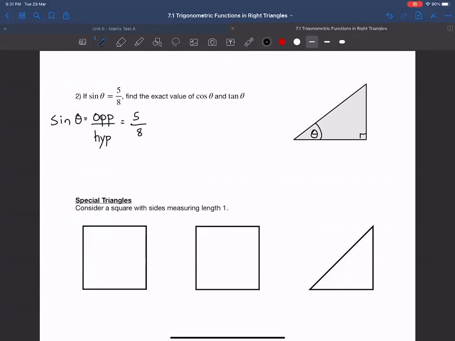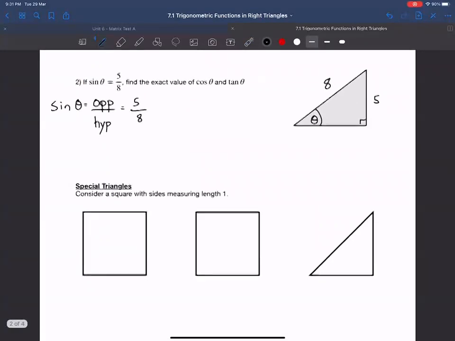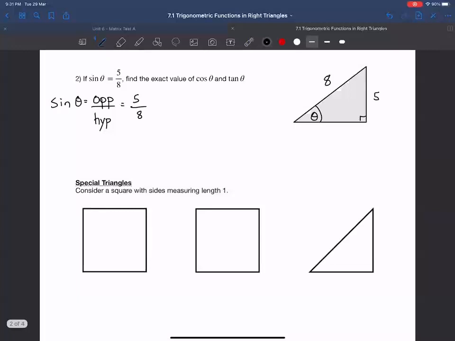So what we can say here is that my hypotenuse is 8, and my opposite is 5. So how do we go ahead and find my adjacent? Well, we would have to use the Pythagorean theorem. If you can think back to the Pythagorean theorem, a squared plus b squared is equal to c squared, where c is always the hypotenuse.